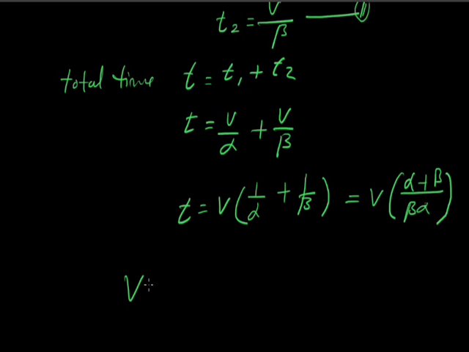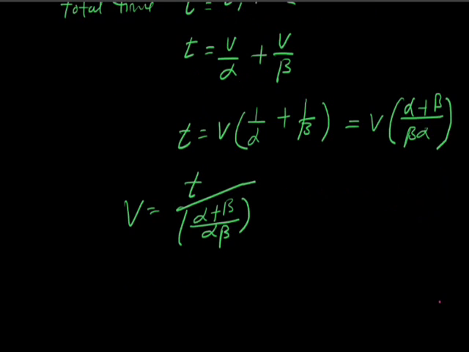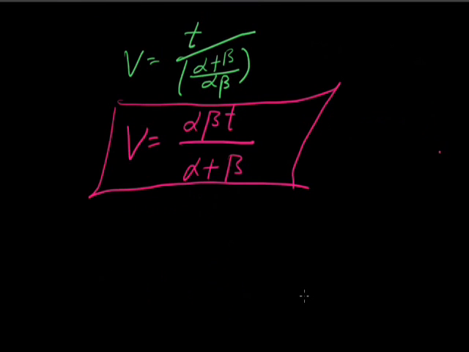So v will be equal to t upon (alpha plus beta) upon alpha beta. So finally the maximum velocity achieved by the bus will be v equal to alpha beta t upon alpha plus beta.